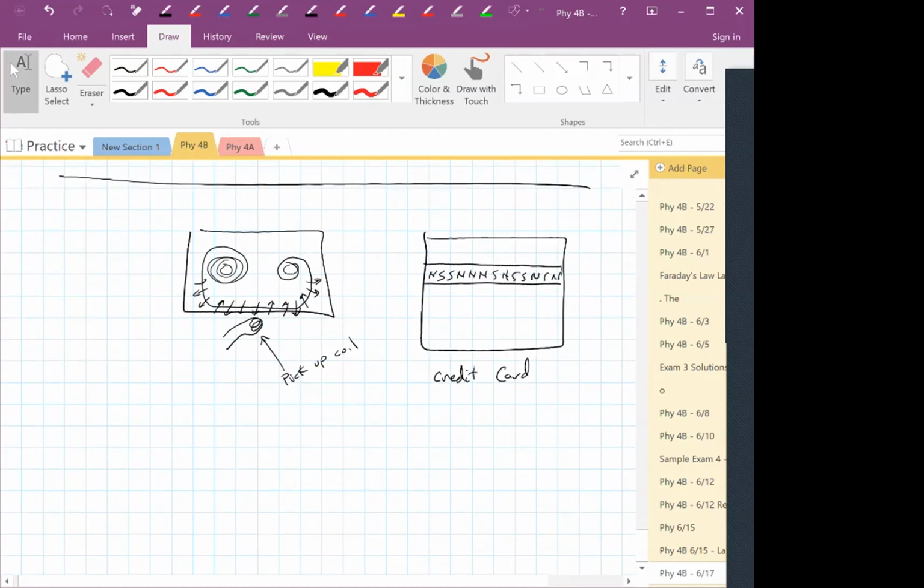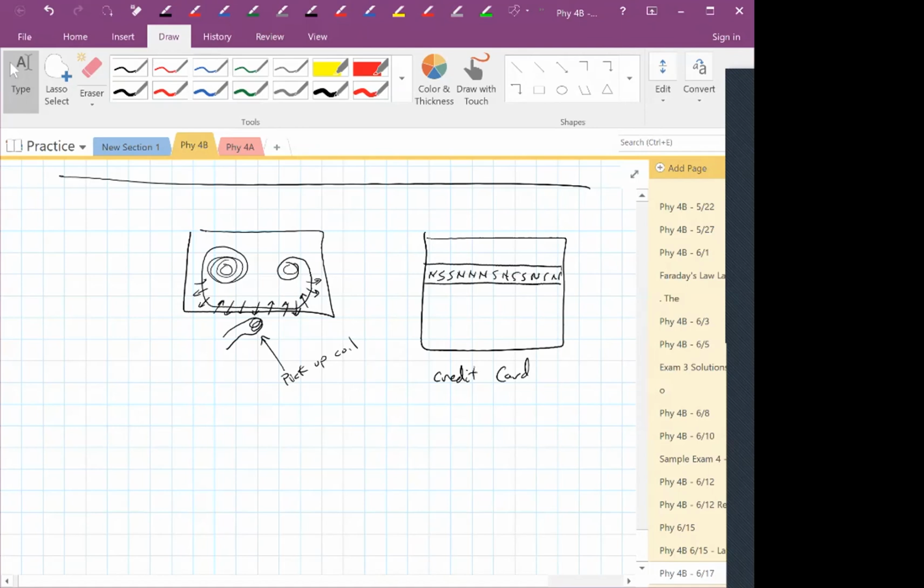And microphones and speakers work very similarly. A microphone would have a membrane, maybe with a magnet on one side and a coil. And as you talk or sound hits it, it flexes a little bit. And the magnet on the back goes closer or farther away from the coil.